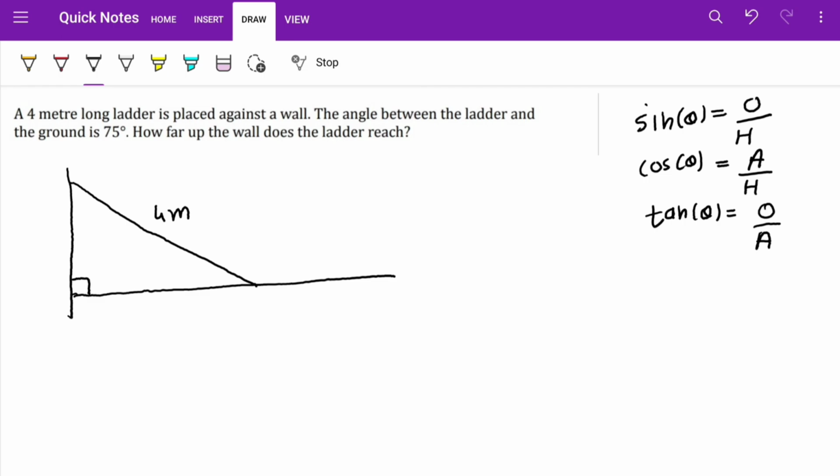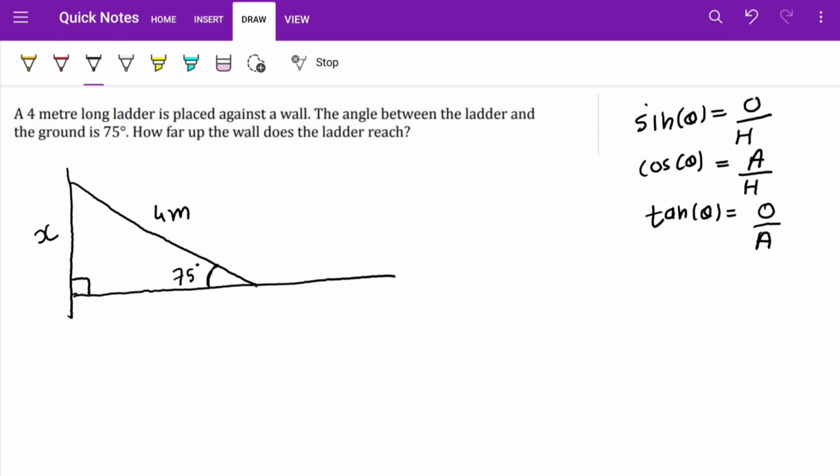So we want to find the height of this wall. The angle between the ladder and the ground is here, and it's going to be 75 degree. So we have a right angle triangle.